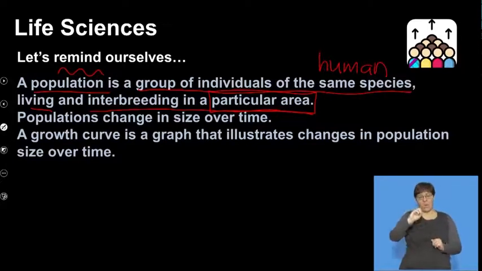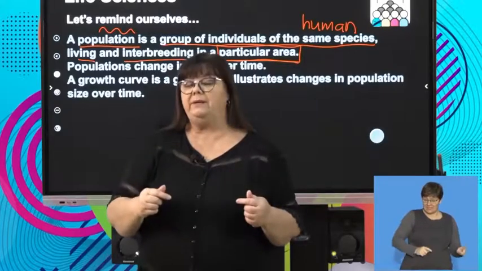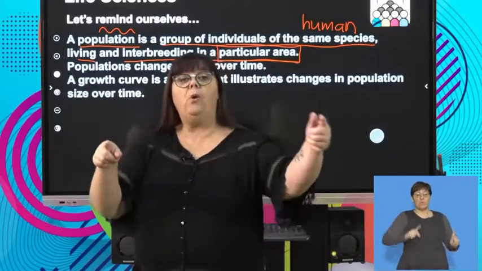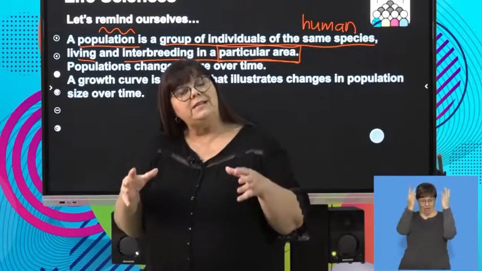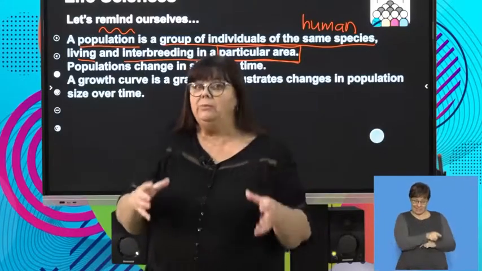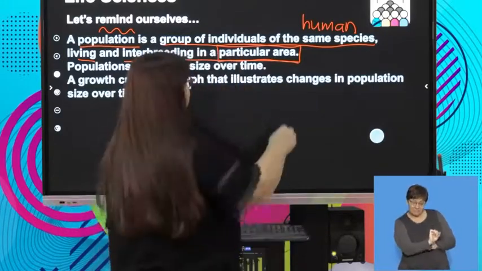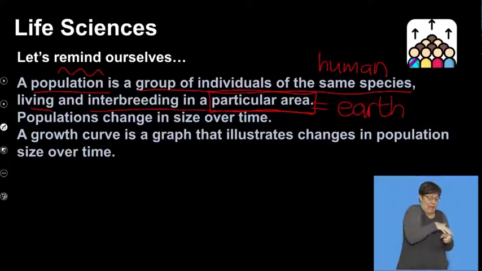But when we talk about the human population, remember, humans have the ability to move all over the planet. So for the context of human populations and human ecology, the particular area is the Earth. So we've got a huge area that we're looking at human populations.